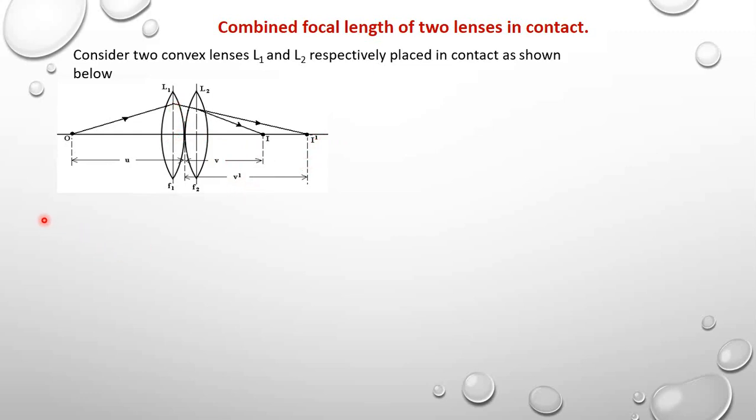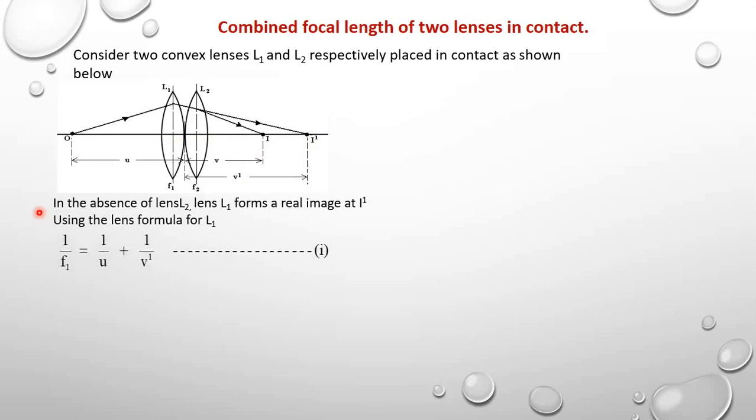And therefore, if we use the lens formula, we shall have 1 over F1 is equal to 1 over U plus 1 over V prime. That is in the absence of L2. Now, when we consider the second lens, this first image formed by the first lens becomes the object for the second lens, and it's going to be a virtual object because this ray will not actually be going here, it will just appear to be going here.